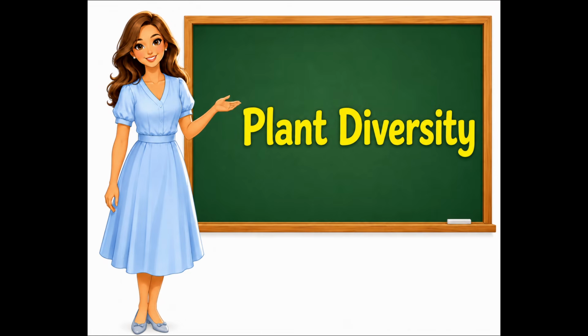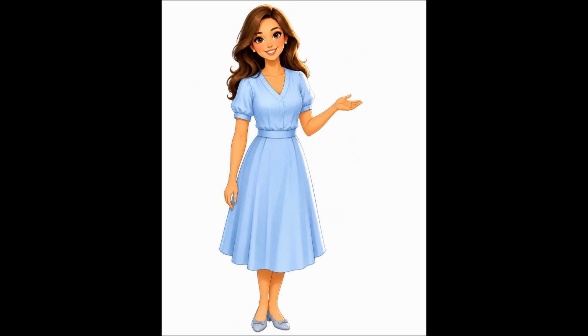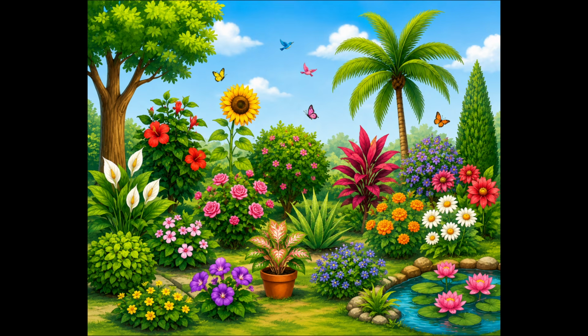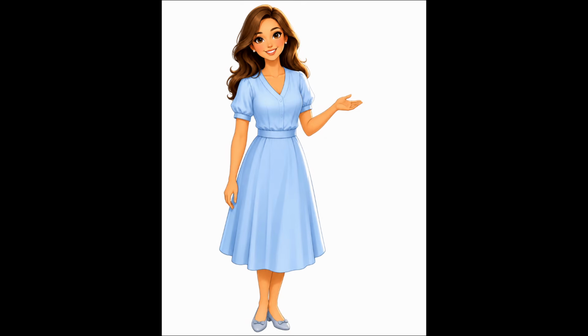Let's understand plant diversity. Just like humans look different from one another, plants around us come in many different shapes, colors, and sizes. Now, diversity is seen in leaves and flowers of different plants. Let us see.